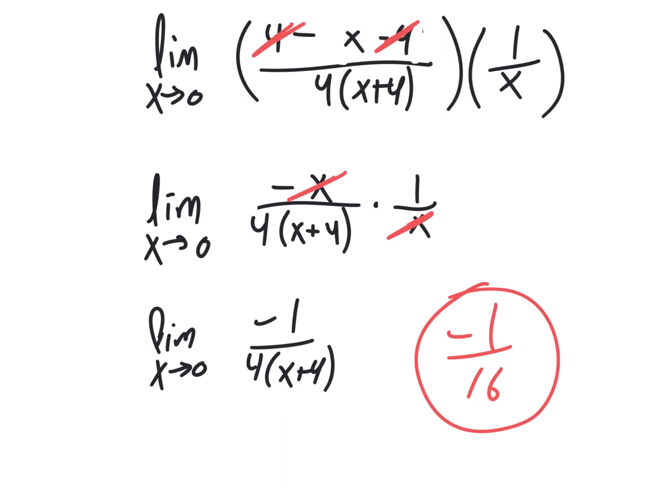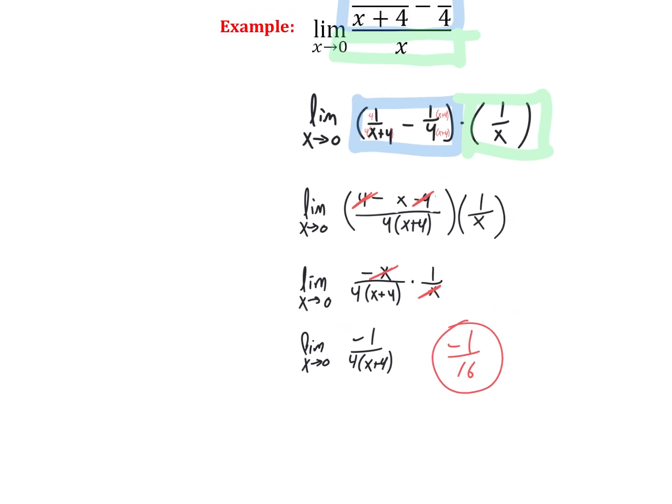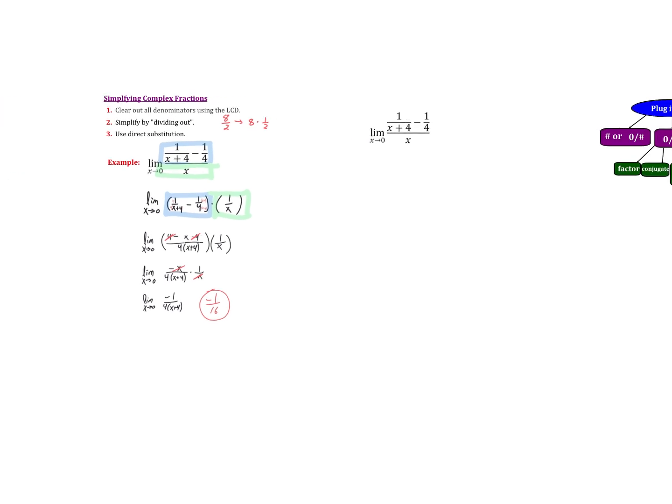And as things cancel out, you get to a point where you can plug in your limit value. Now, when we're doing this, we have to make sure that we're writing limit every single step of the way. It will get tedious, and we're making sure that we're going to keep track of our work. The more and more you get used to these, some of you will be able to jump from this step right here, down to this step right here, down to the answer. So just kind of keep that in mind as you're working through these.